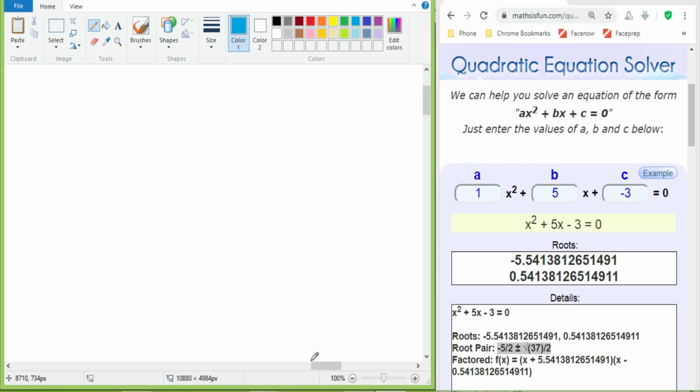Based on that, then I'll come back to this question. So I'll take 2x square plus 3x plus 4 is equal to 0.